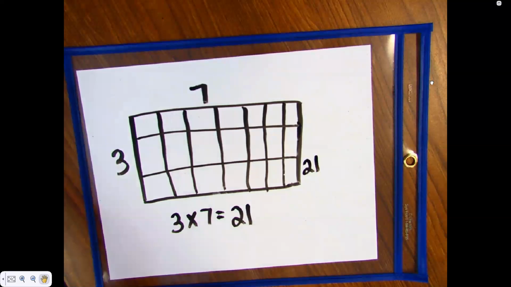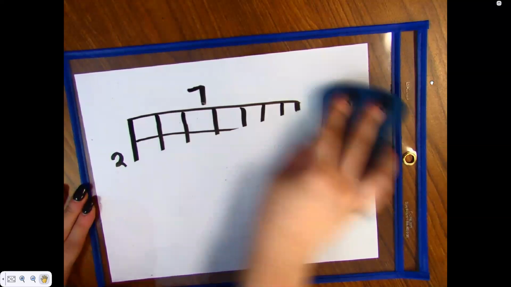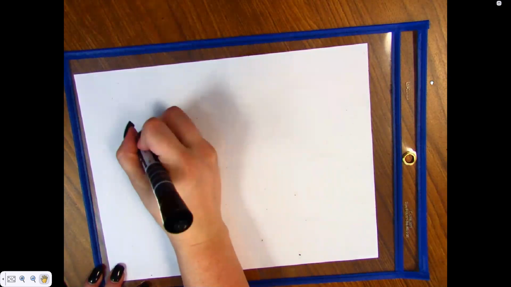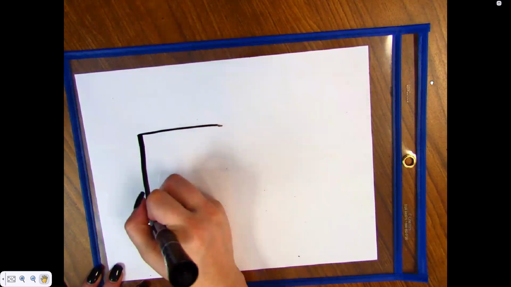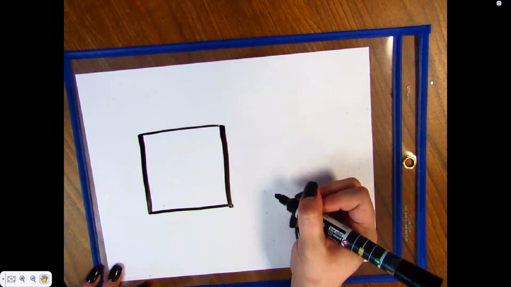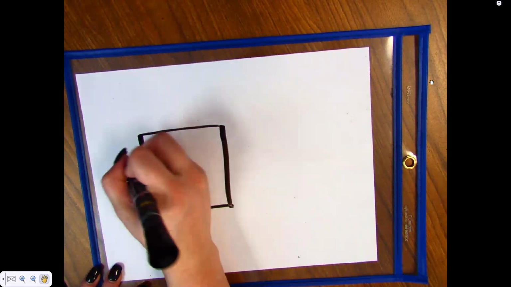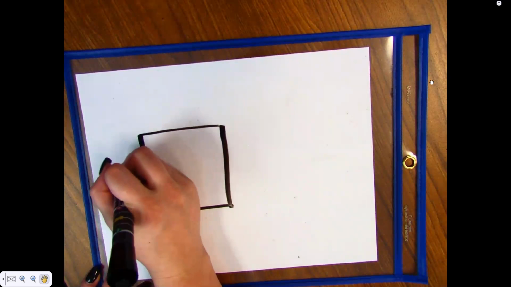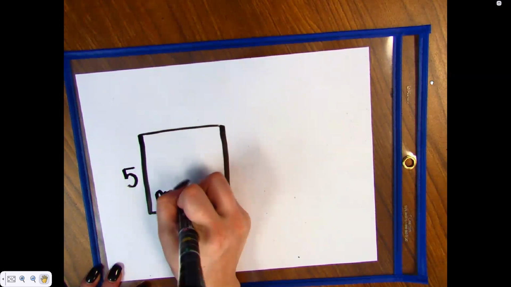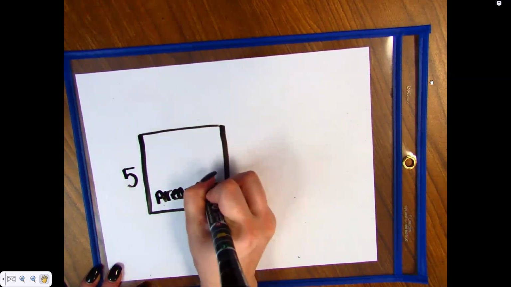All right, so now I'm going to show it to you in a little bit of a different way, okay? So what if I had a square, okay? And I told you this side was 5, and my area equals 25.